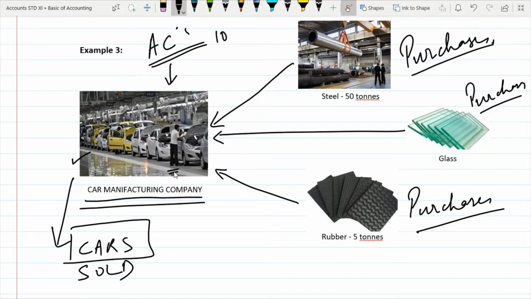So these ACs will be termed as assets. Why? Because these ACs are bought not to be sold. They are bought for the employees so that the employees can have some comfort and productivity can increase. So these air conditioners are termed as assets.